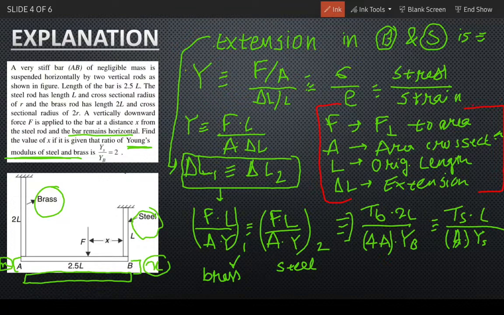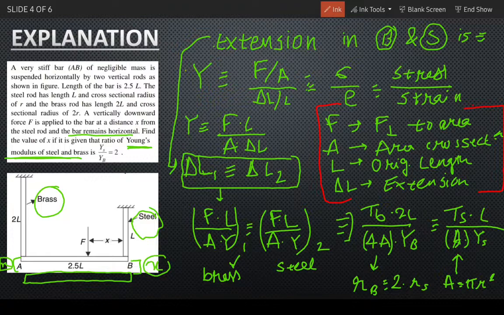Here I have written 4A because we know that the radius of brass is 2 times the radius of steel, and area equals pi r square. From here we can write area for steel equal to A, and then 4A as the cross sectional area of brass.